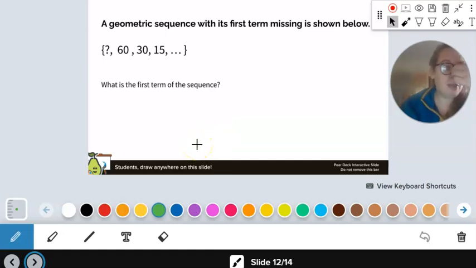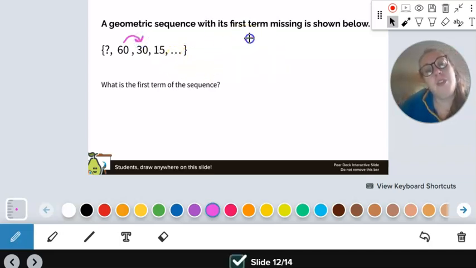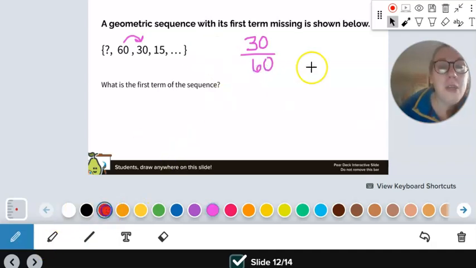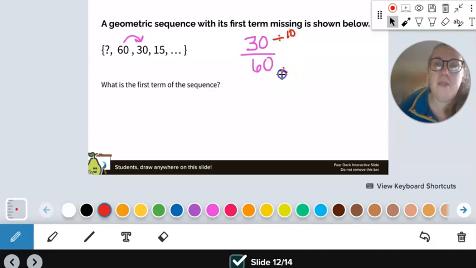A geometric sequence with its first term missing is shown below. What's the first term? Okay. So how did we get from 60 to 30? Well, to do that, we put 30 on top and divide it by 60. If we want to reduce this fraction, we could divide both these numbers by 10 to figure out what that common ratio is. 30 divided by 10 is 3. 60 divided by 10 is 6.